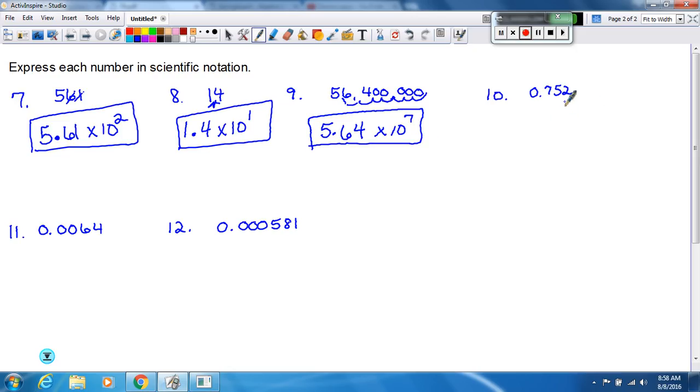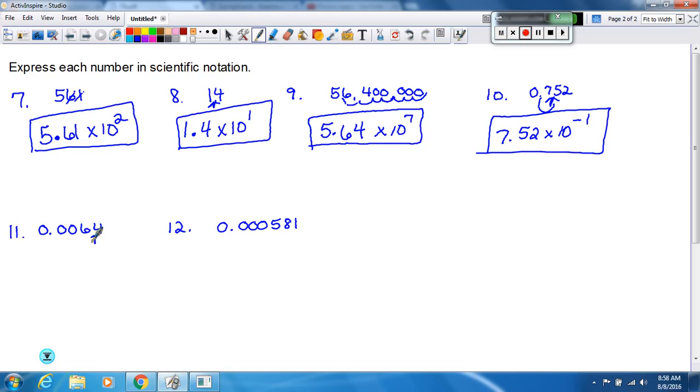Okay, this is a negative exponent. I know that because it starts with a 0 in the front. So we're still going to put it after the first non-zero number, 7.52 times 10 to the negative. We had to move it from here to here 1 space. This is also a negative.